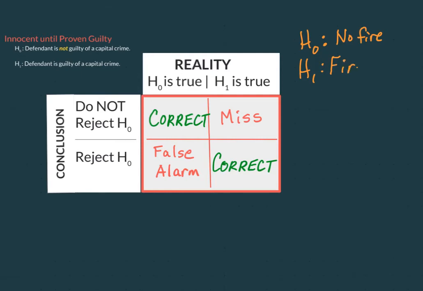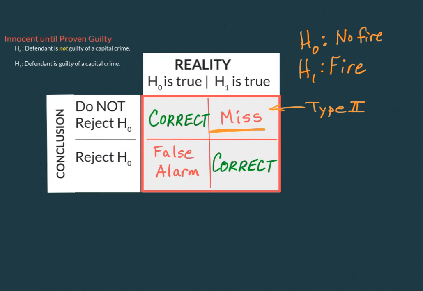That alarm goes off, there's smoke, there's fire, I need to get out of there. So if the alternate hypothesis is true, but my fire alarm doesn't go off, it does not reject the null hypothesis that there is no fire, that is a miss. And in this case, a type 2 error can be deadly.